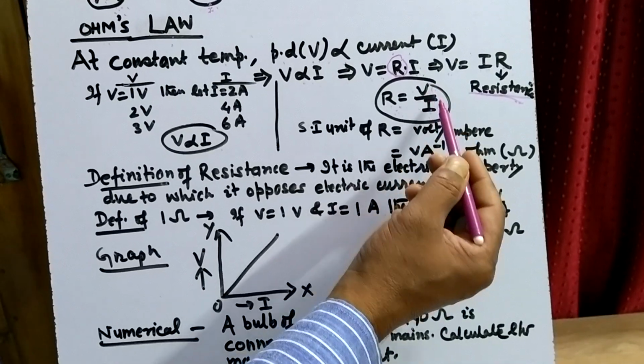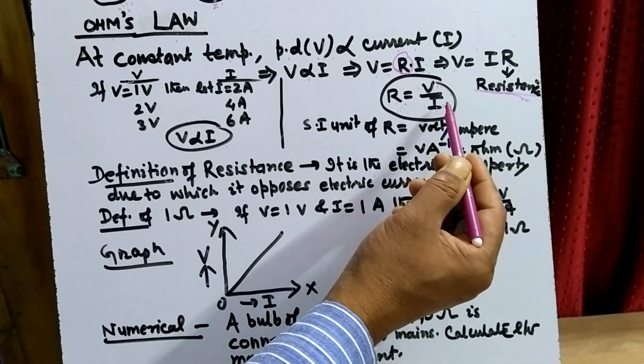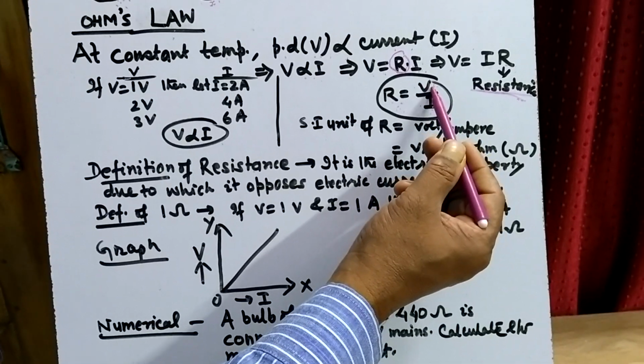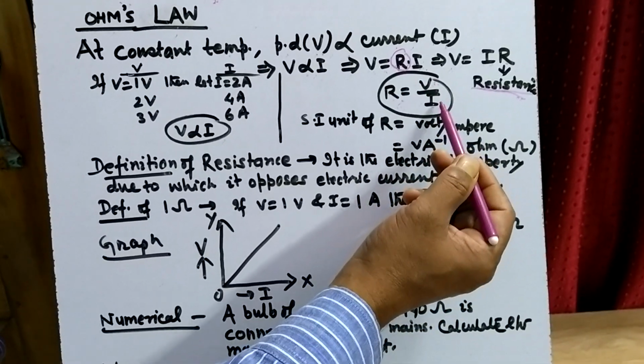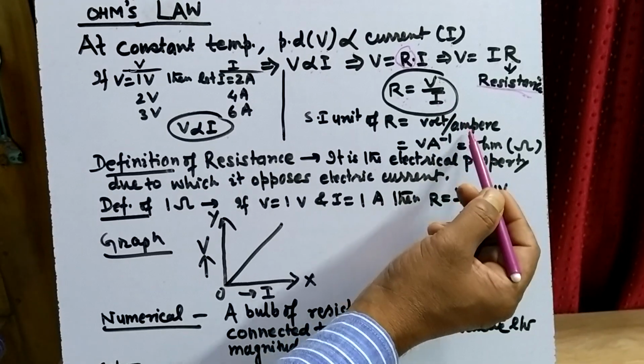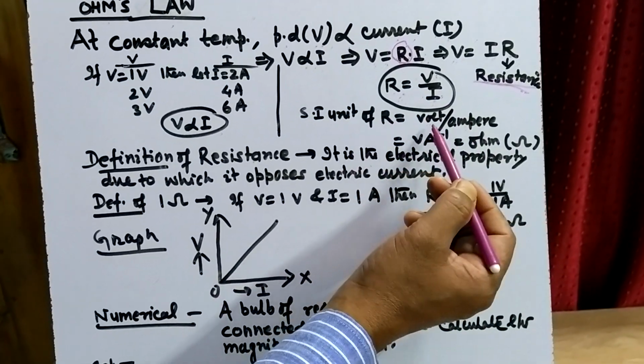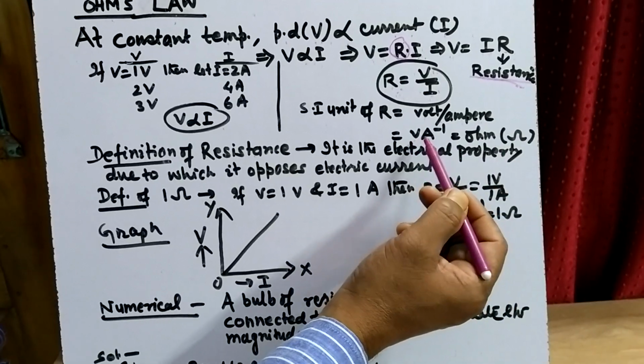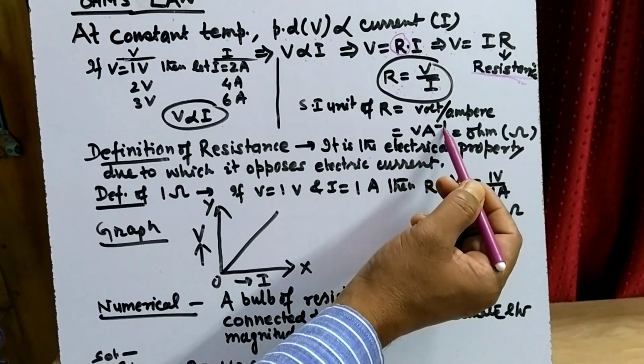V is potential difference. I is electric current. Whenever we put the SI unit of potential difference, that is volt, and the SI unit of electric current, that is ampere, the SI unit of R becomes volt per ampere, volt multiplied by A to the power minus 1.